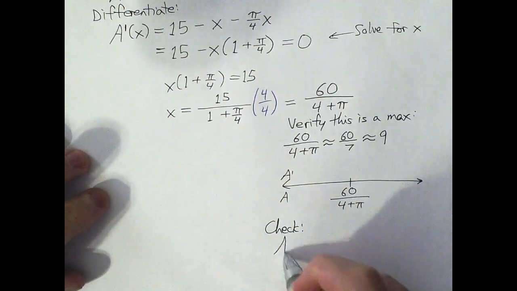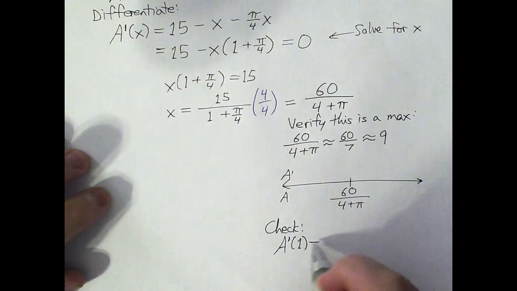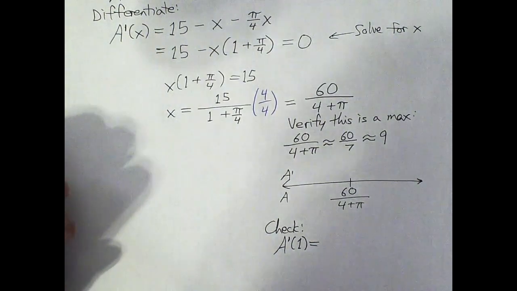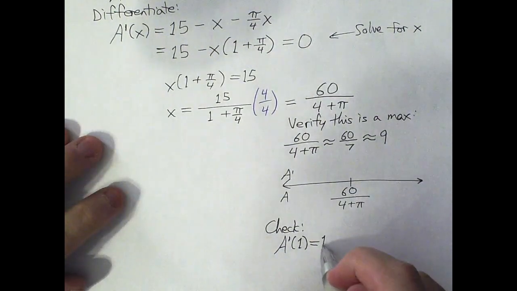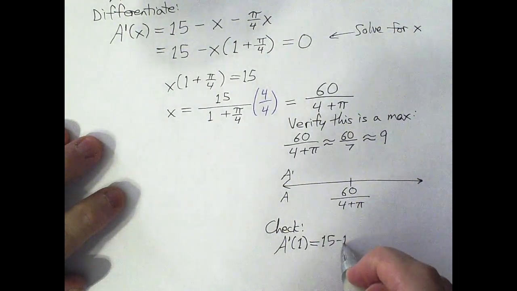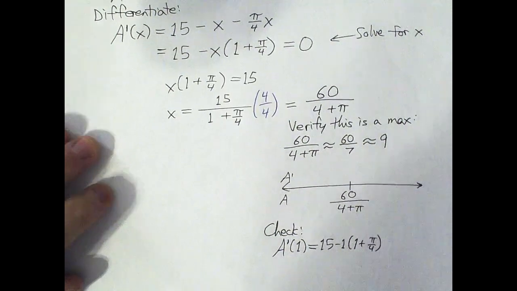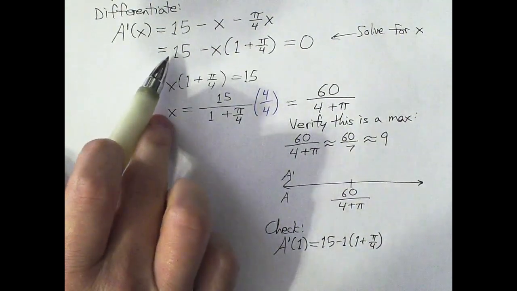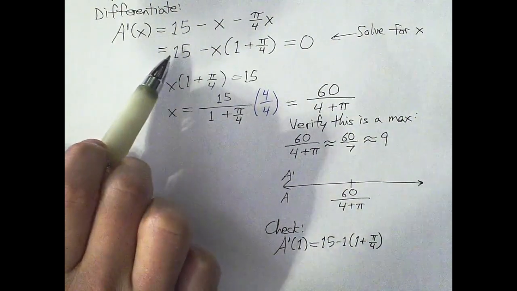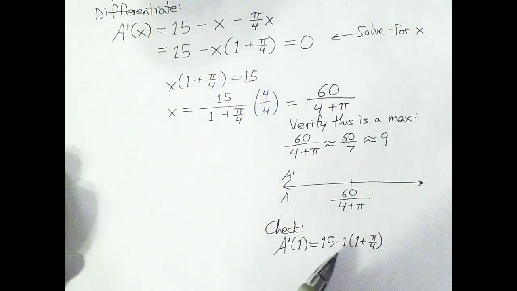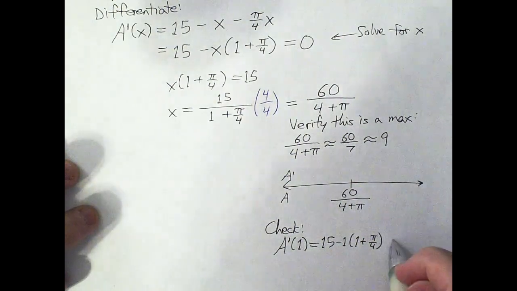So let's check A prime of 1. That's definitely to the left of 9. Using this form, I plugged in x equals 1, and I get something that's positive.